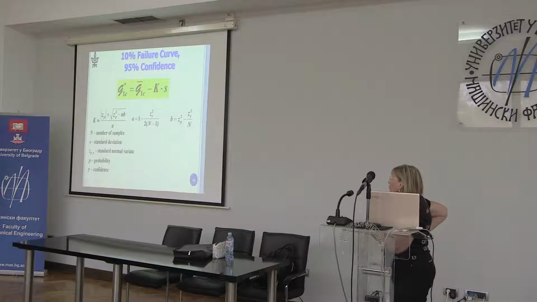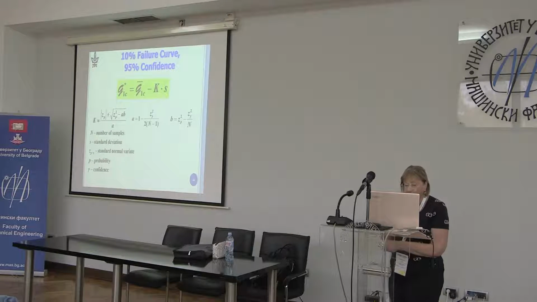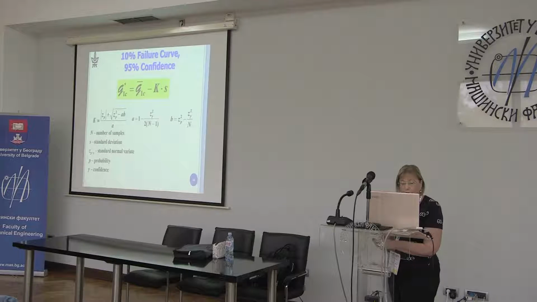We only have one-sided. We're not doing a two-sided. We found this in a paper, and ZP is the standard normal variate, and P is the probability, and gamma is the confidence. I didn't write down what those two values, ZP and Z gamma, are, but ZP I showed you, and Z gamma has a different value that you look up.